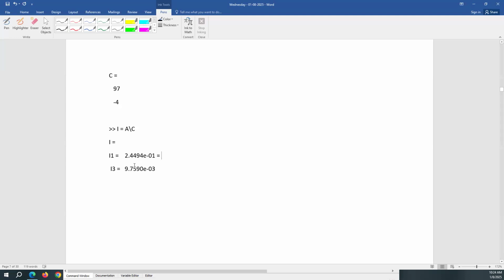And this is going to be what? 244 milliampere, right? Or 0.244 ampere or 244 milliampere. So 245 milliampere. And this is going to be 9.76 milliampere. So these are my two currents.